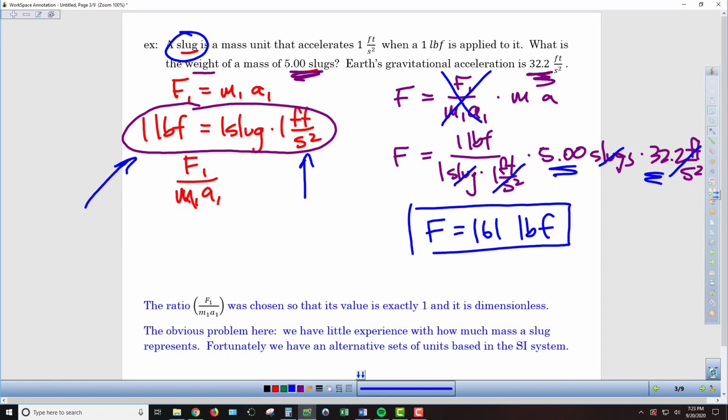But when we use that mass amount in engineering English units, our G sub c value we'll eventually see is not equal to 1. So this is why I'm bringing this up, is to make sure that we understand that it's not just a default F equals ma, it's F equals 1 over G sub c times ma, but it's just that in SI units, or in this slug system, G sub c happens to equal 1, so we're left with just F equals ma.